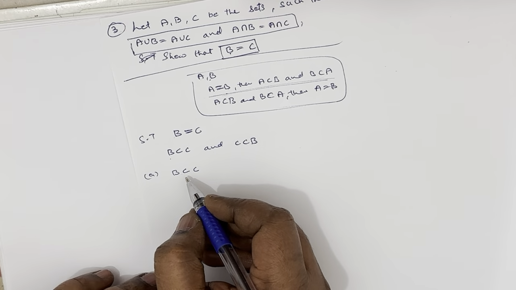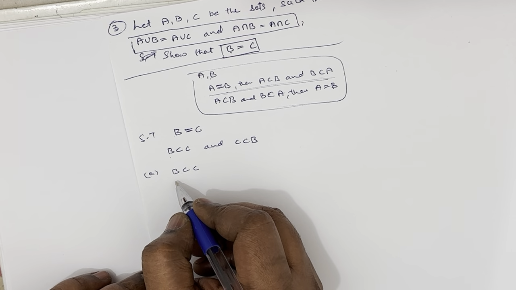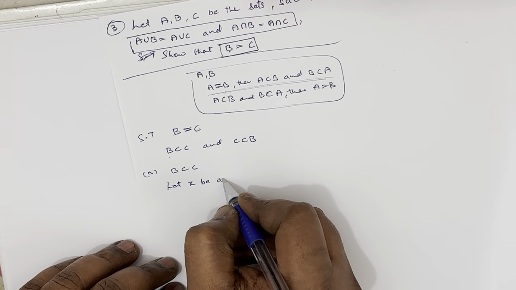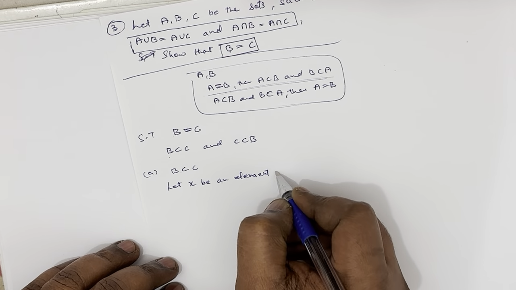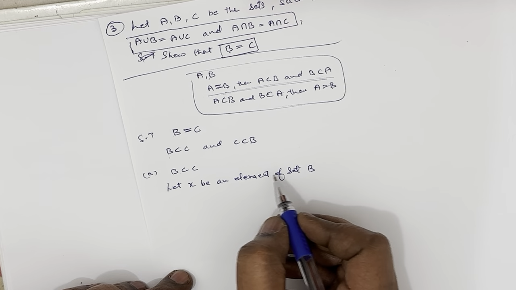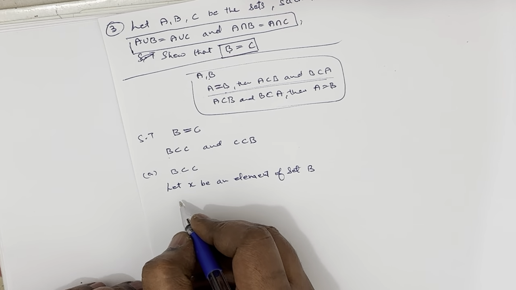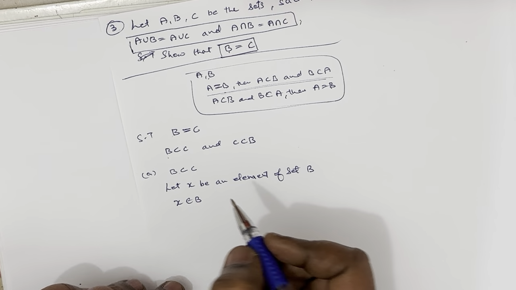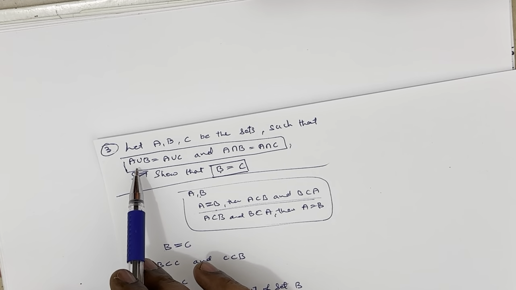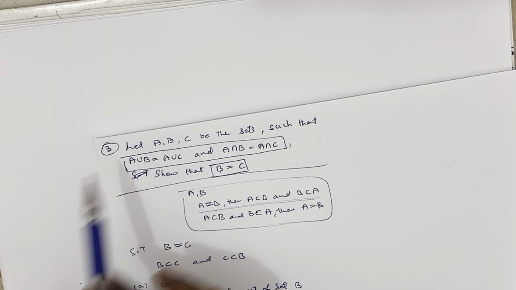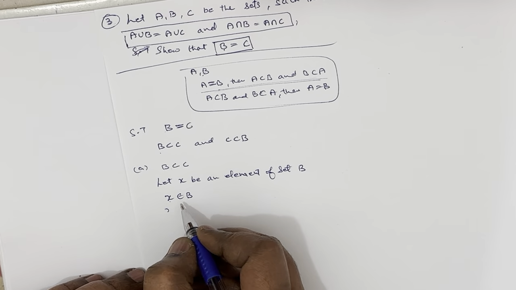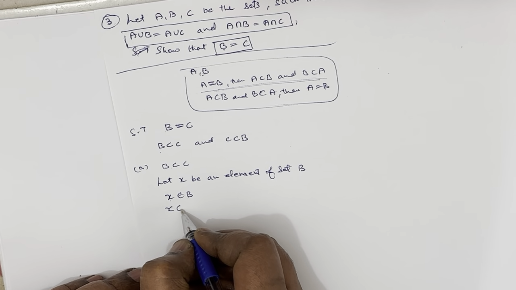Now for B to be a subset of C, let X be an element of set B. So X is an element which belongs to B. If X belongs to B, then X also belongs to A union B. If you take the union of two sets, A and B, X will belong to that union also.